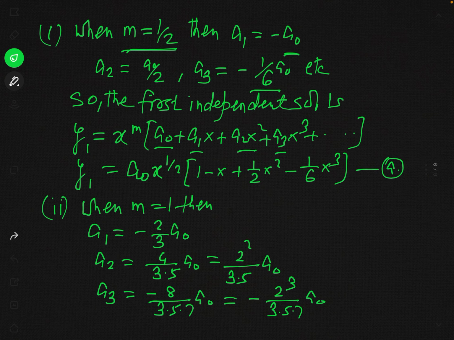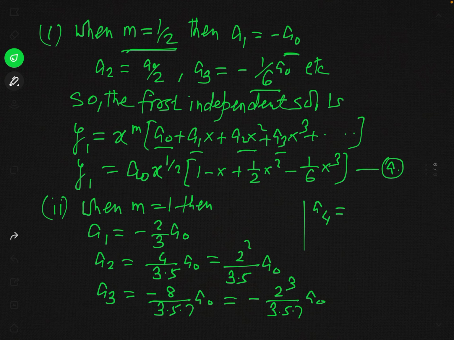Although I have calculated the coefficient values up to a3, that is a1, a2, a3, by induction, if you want to write the value of the other coefficients, you can. So if we want to write a4, what will be the result? You can see a1 is negative, a2 is positive, a3 is again negative, so a4 will be positive.